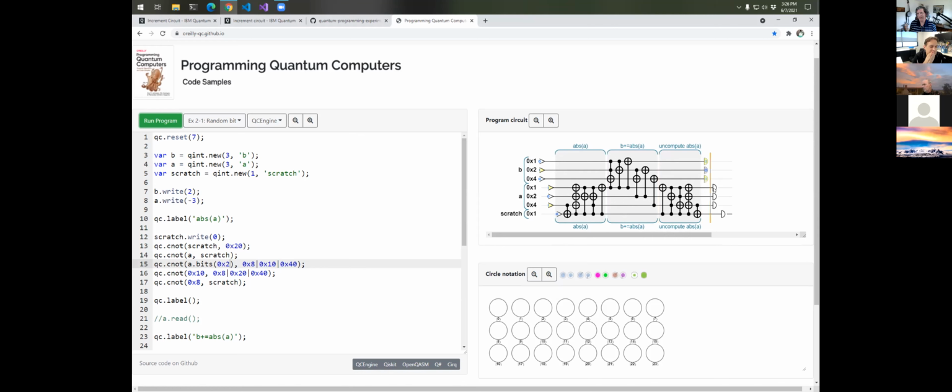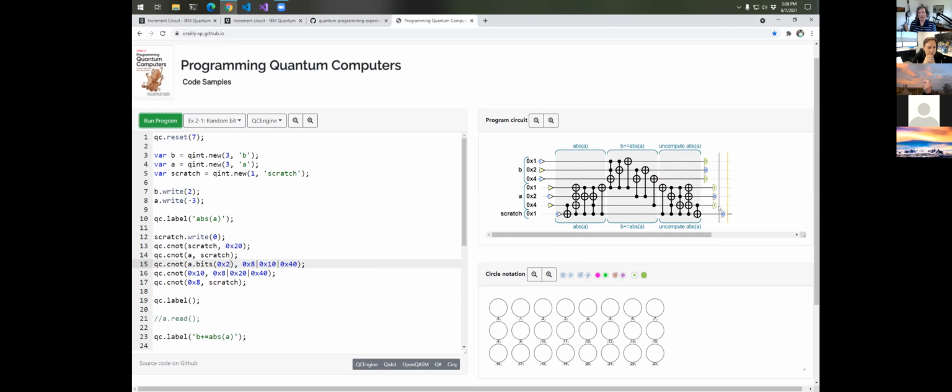Apparently, I'm using 2's complement for A and just positive numbers for B in my adding. Oh, it's a good thing I know exactly what I was thinking when I did this. So then this adding of B and the absolute value of A, and then undoing the absolute value of A, actually uncomputing it. So when we get to the end, A is in the same state it started in. So it's 1, 0, 1.